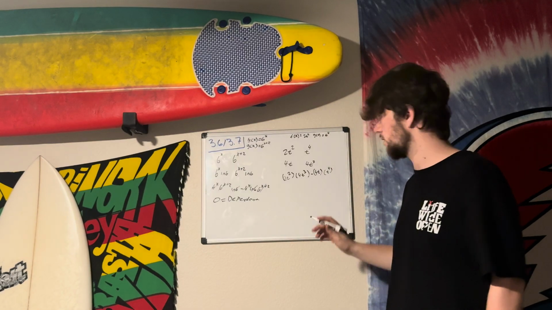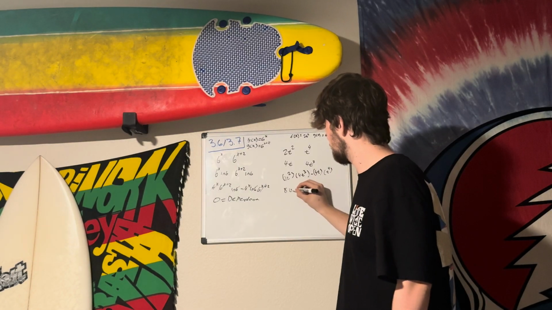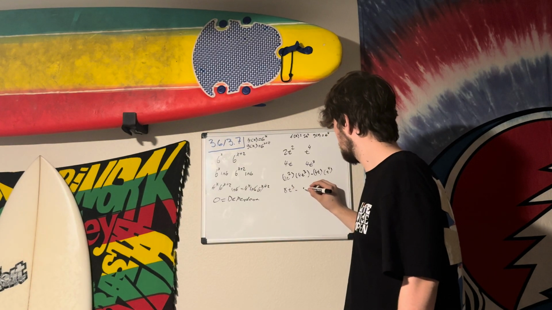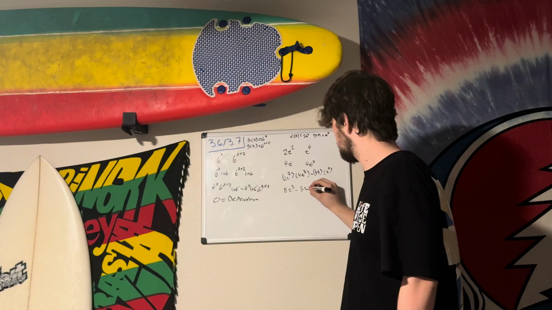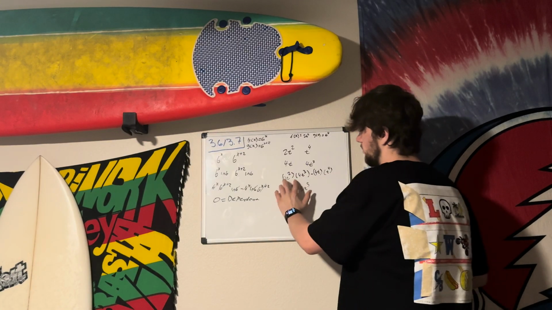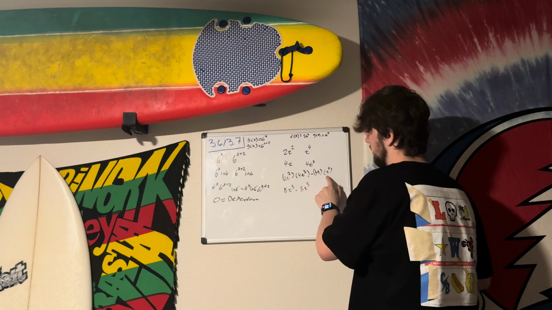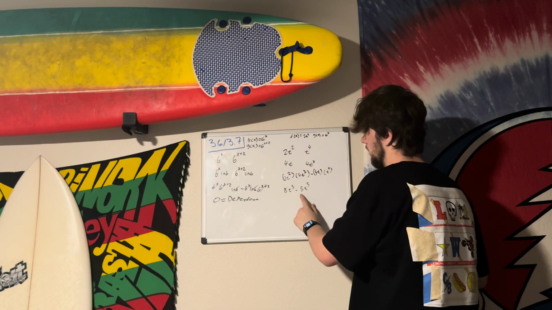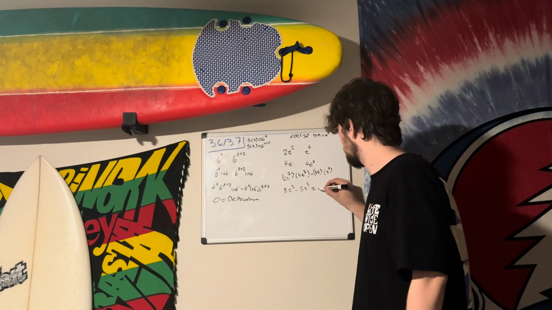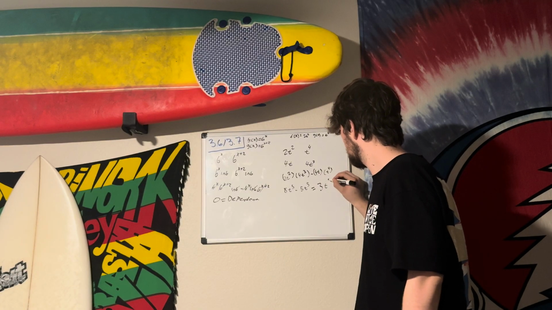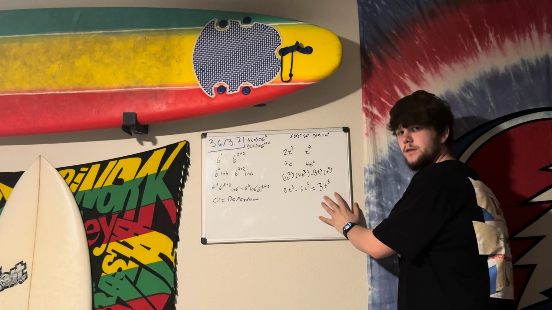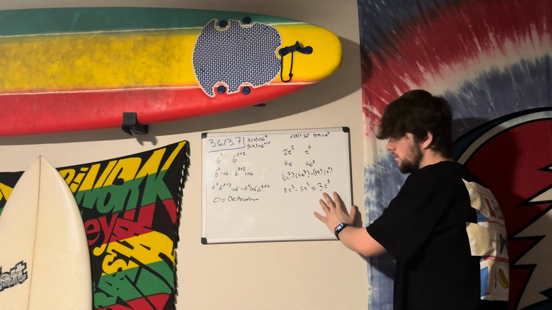So now we're going to get 8t to the fifth minus 5t to the fifth, because you add your exponents, and then 2 times 4, and then 4 times 1 over here. So now this is going to equal 3t to the fifth. Because this is not 0, that means that this whole function will be independent.